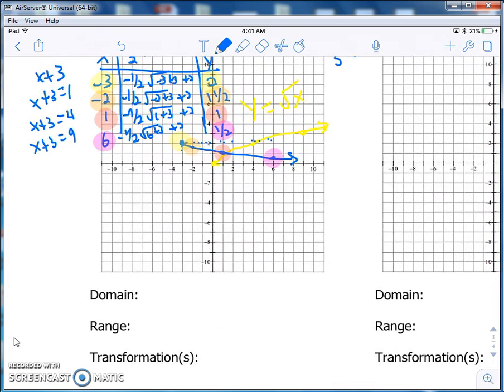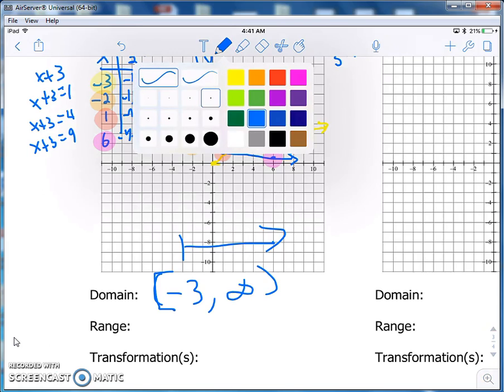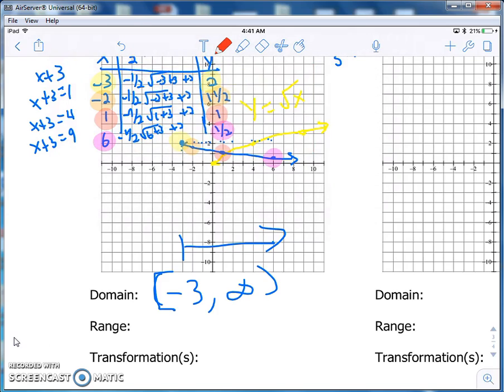The domain is your x value. So our domain starts at -3 and goes on and on and on. So -3 to infinity, that should be an angled bracket. Our range goes from negative infinity to 2.